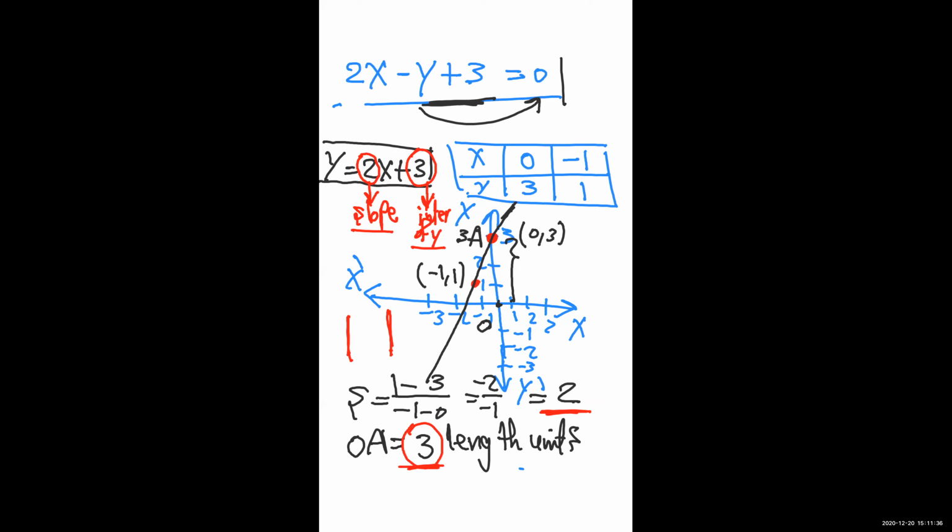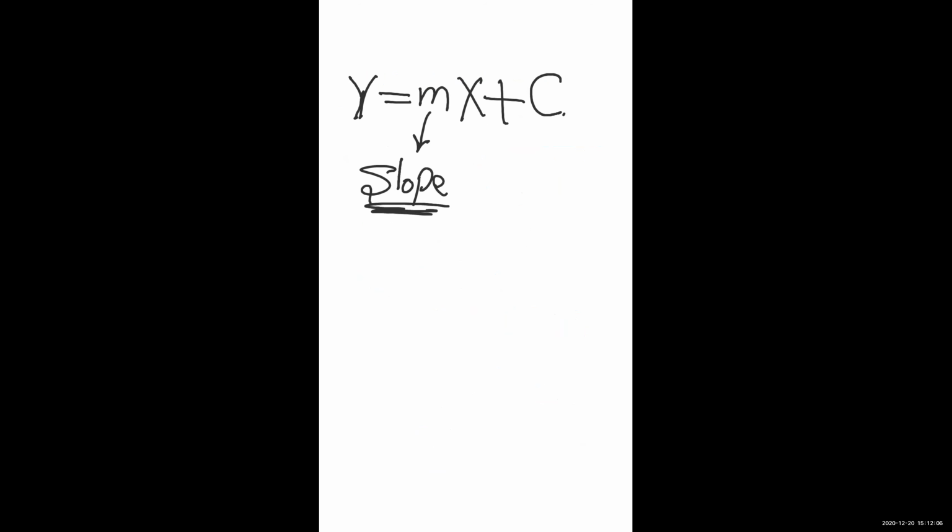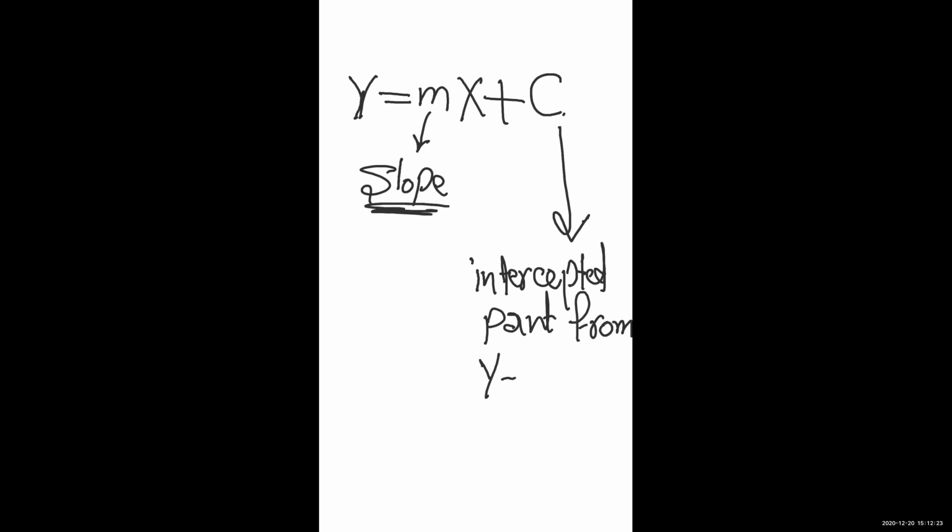So simply, guys, if the equation of the straight line is in this form, y equals mx plus c, this means m is the slope, and c is the intercepted part from the y-axis.